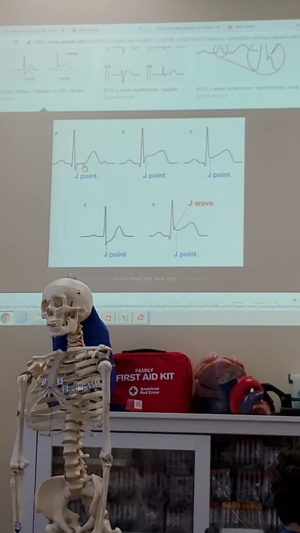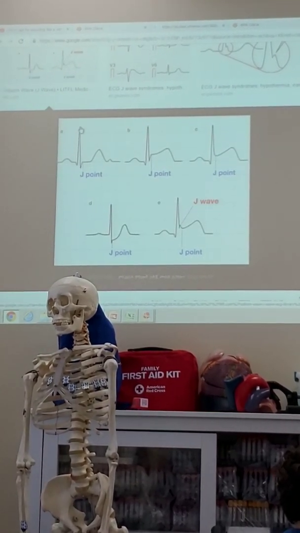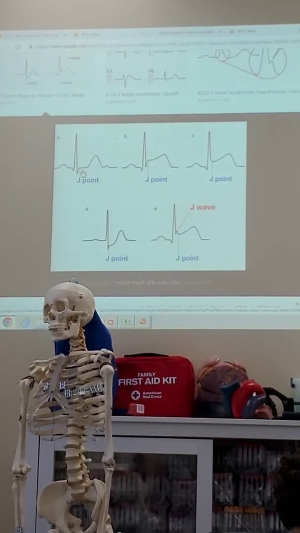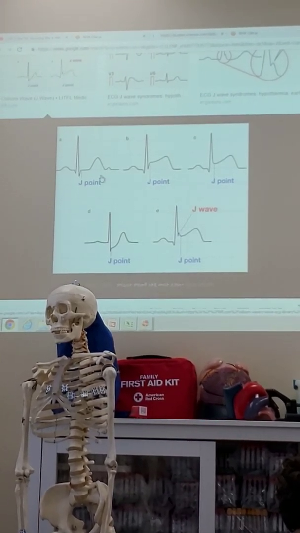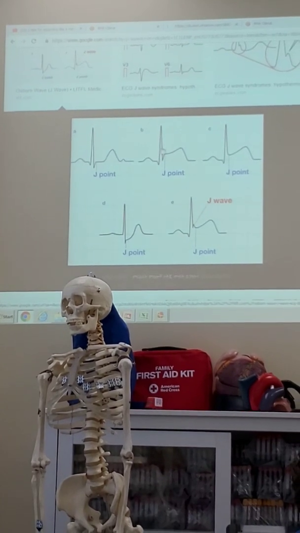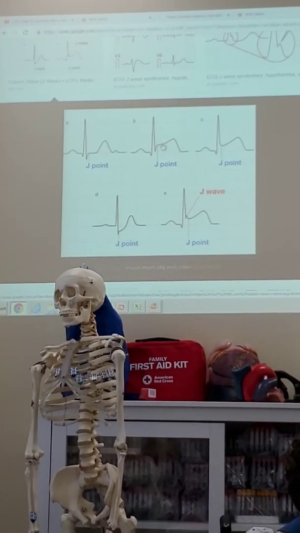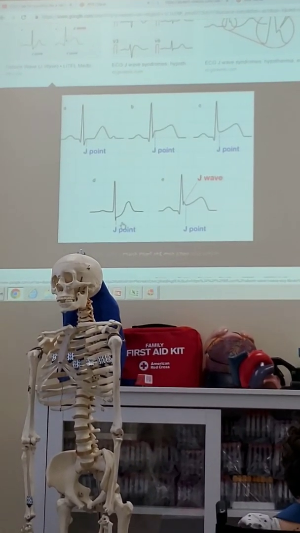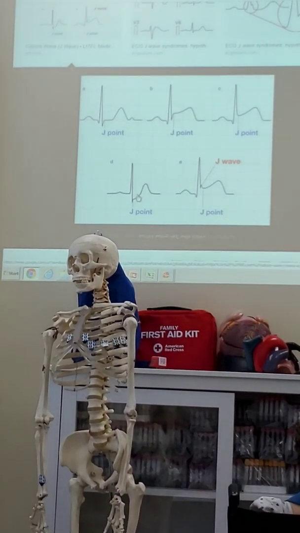This J point is the spot where you see the QRS end and the ST segment starts. Why is that important? Because a change in the J point might show you something. If the J point is elevated, or a J wave is created, or if it is depressed, it might show you heart attack, angina, or infarction. So you need to have a normal J point.